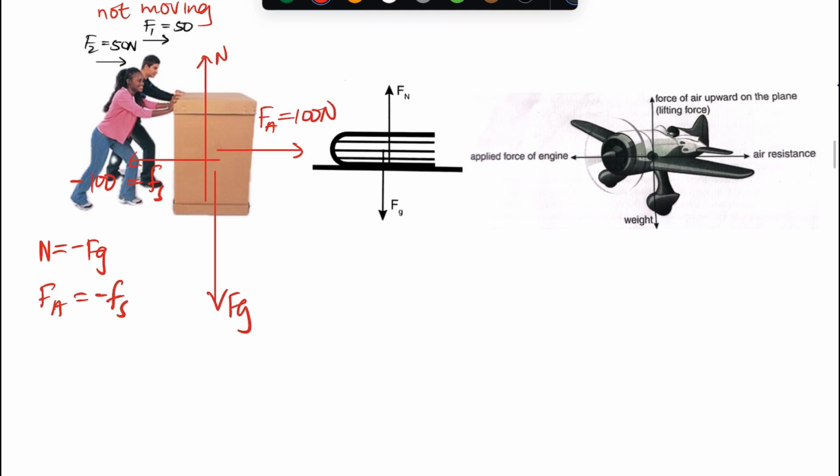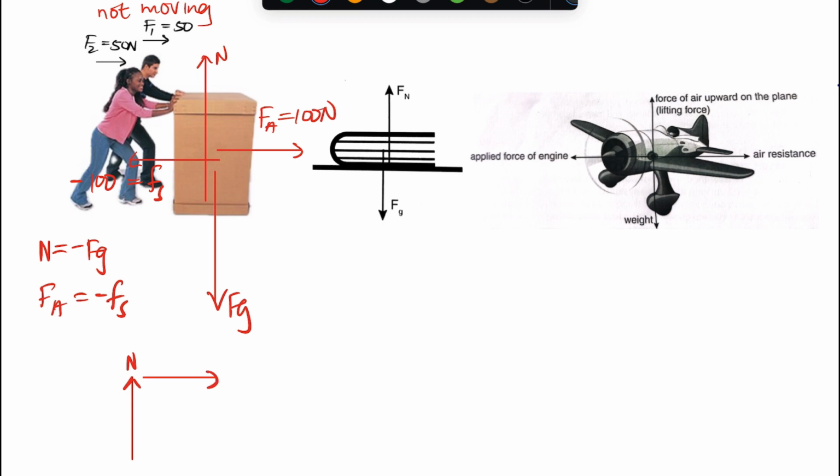So you can draw a vector diagram that shows these forces are balanced. You're going to have the normal force, which, guys, is the force that the surface exerts on an object perpendicular to the surface.